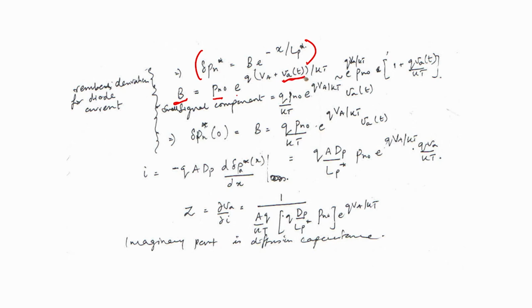So B turns out to be this particular term. It is going to be Pno e to the power q into the DC voltage plus small signal voltage by kT minus 1. So that's the expression. There is a minus 1 term here which is missing.